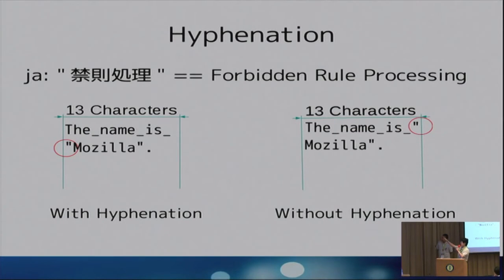Sorry. A double quotation can't be at the end of a line. It is very ugly. Basically, in the rules of text writing, a double quotation can't be at the end of the line. So if hyphenation is enabled, the double quotation becomes the first of the line.